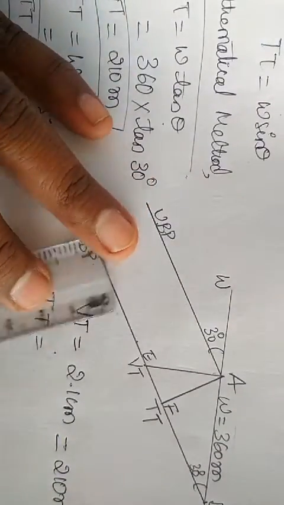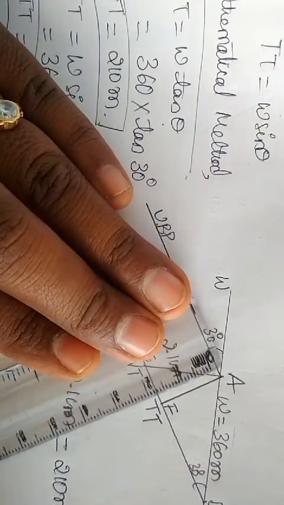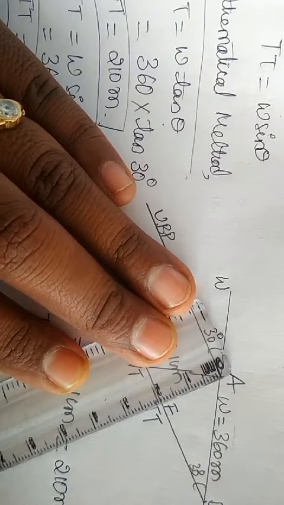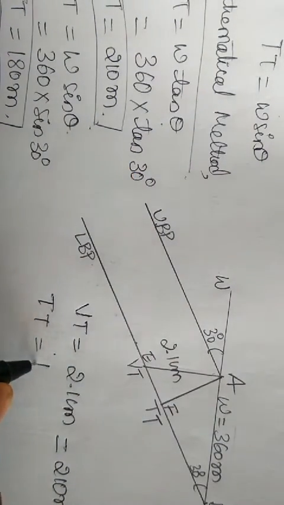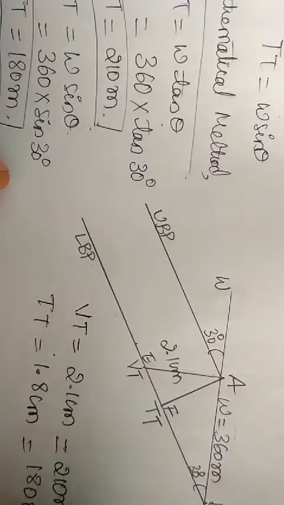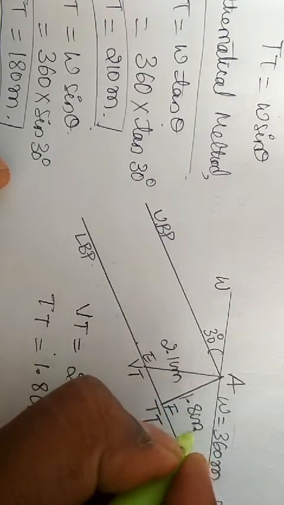In the same way we measure the true thickness. From A to point F it is 1.8 centimeters, which is equal to 180 meters. So this is the true thickness value.